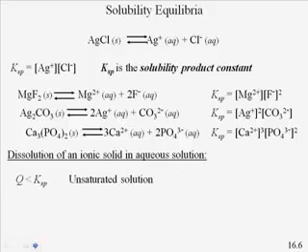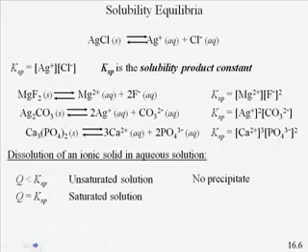If we're looking at this, we use the same kind of techniques as we did with any other equilibrium situation. If we're not at equilibrium, we compare our initial conditions. We find Q. We call that the reaction quotient. If Q is less than the equilibrium constant, we have an unsaturated solution, which means we don't have any solid forming yet.